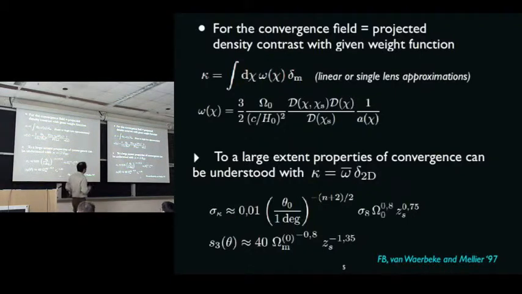So in principle, all the statistical properties of your field are encoded in those of kappa. The relation between kappa and the density contrast is this one, because this is just an integration over the line of sight with a weight function, which depends on the cosmological parameters.